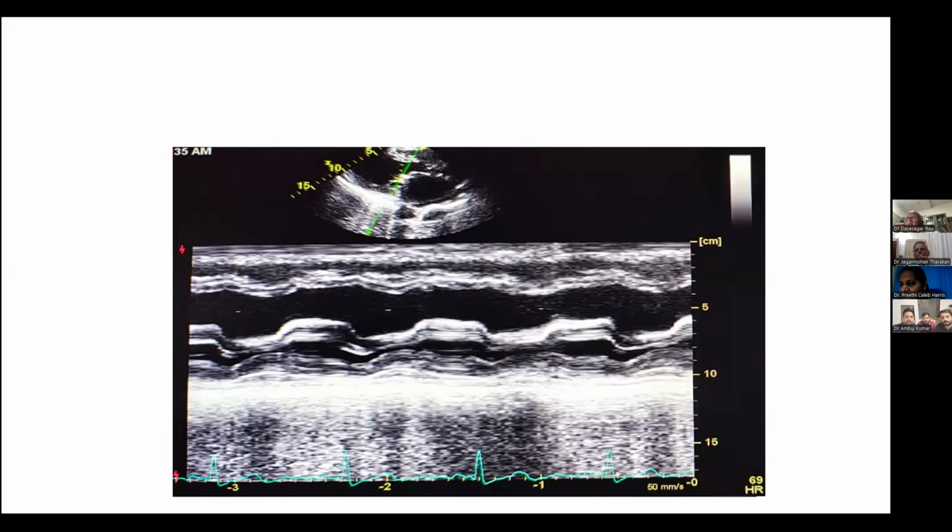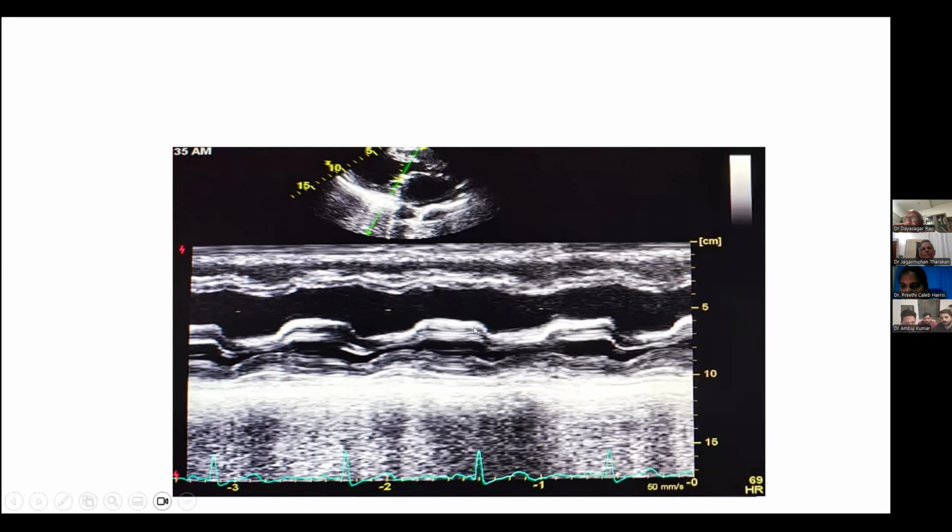This is the M mode, sir. M mode showing, identify the various components of M mode on the mitral leaflets. Systolic component is called... Some letters are there, na? A, B, C, D, E, F. Yes, sir. So systolic represents what?